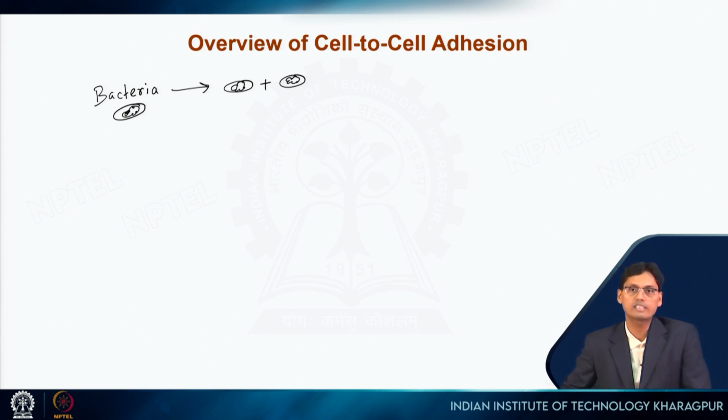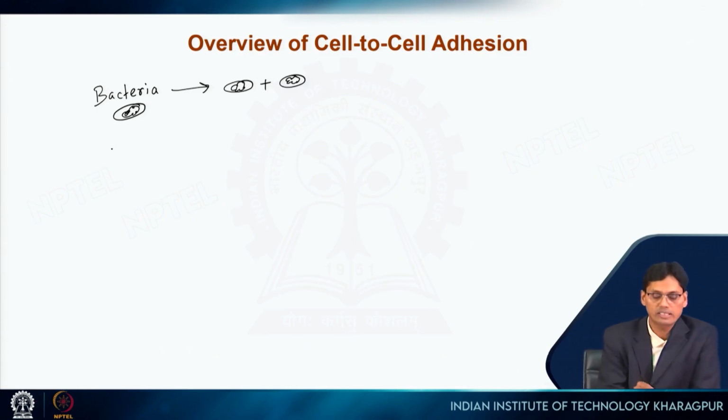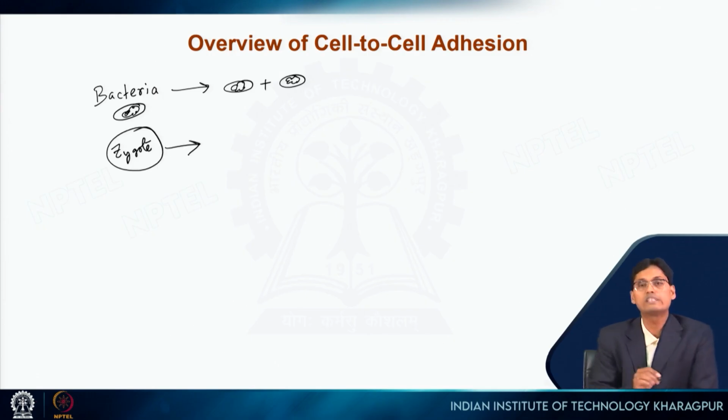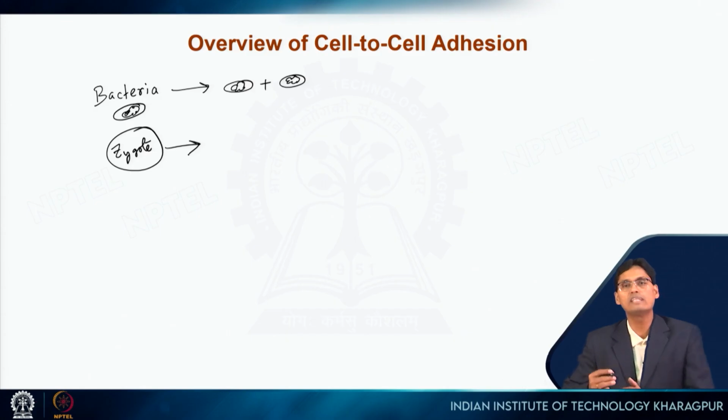All of us started from a single cell, the zygote, right? Now when it divides, in an adult human being we have approximately 10 to the power 13 cells, but almost all of those cells are somehow attached to each other in some way. That's why cell-to-cell adhesion is very important for multicellular organisms.